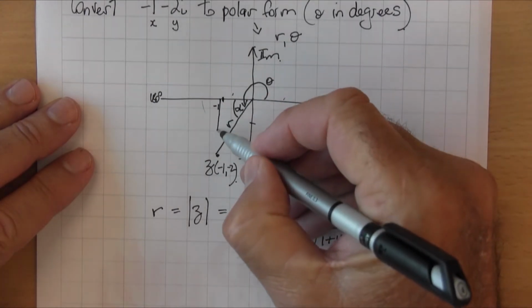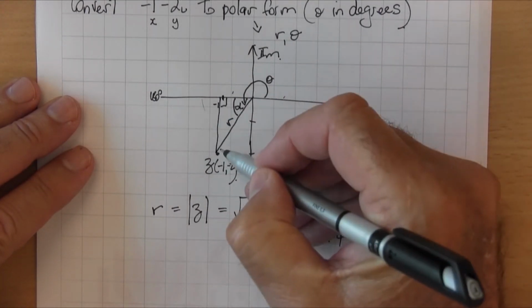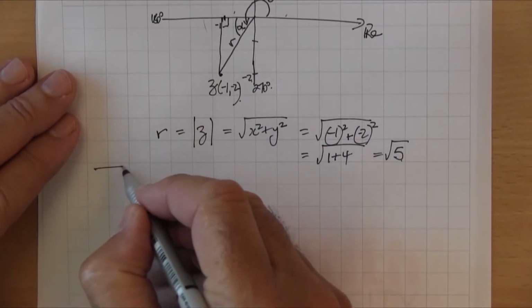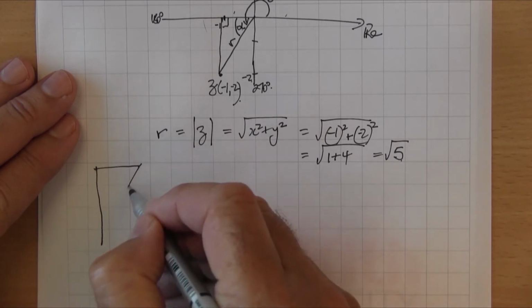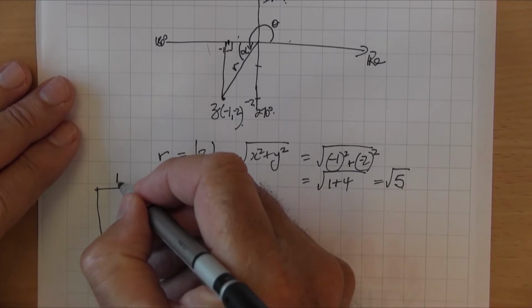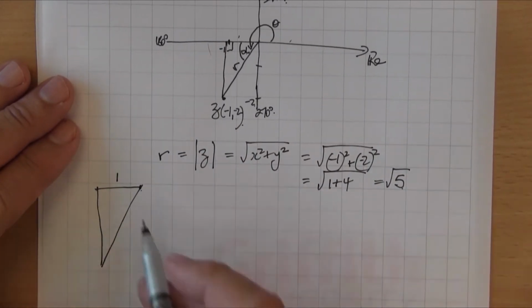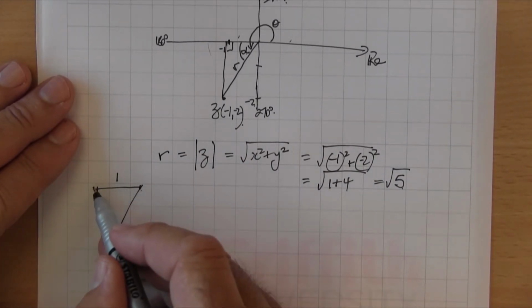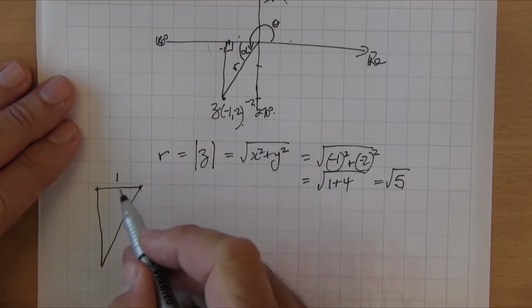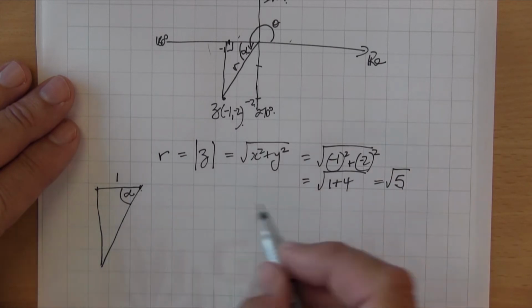So, if you like, I'm going to redraw this little triangle here, down below. And I know that this is 1 unit, because if this is the origin, it has come out to -1. So I'm going to disregard the sign at this stage, because I'm only trying to work out this angle here, alpha.